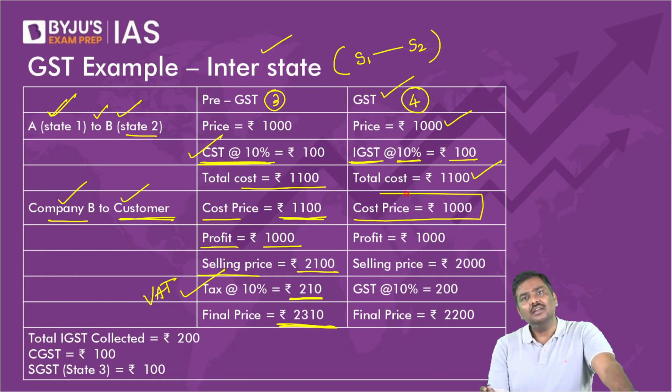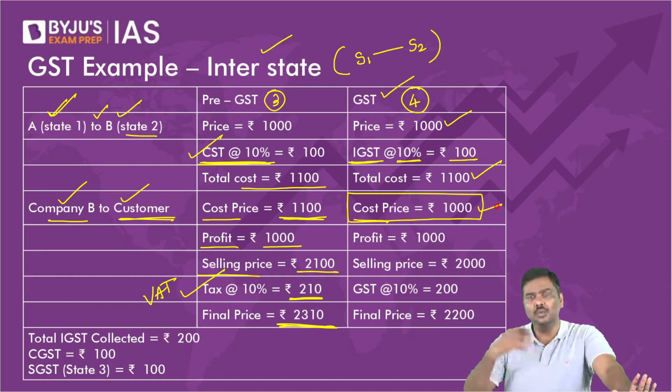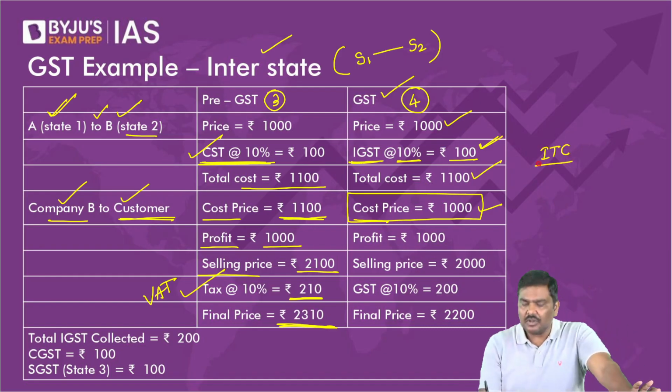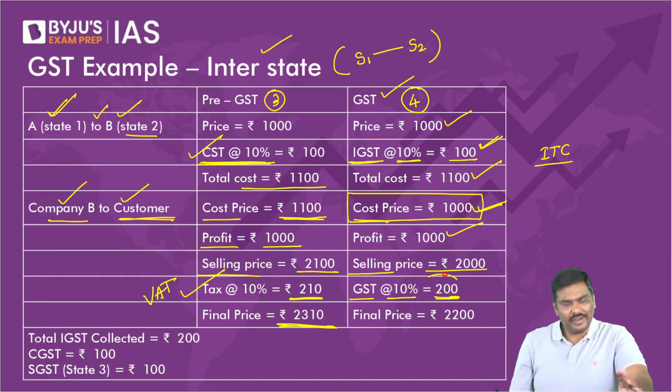Company B will take the cost price as 1000 rupees only. Why? Whatever IGST company B has paid will get input tax credit. So cost price will be 1000. Profit again is 1000 rupees. Selling price will become 2000. GST at 10% will be 200 rupees. The final market price of the product will be 2200.